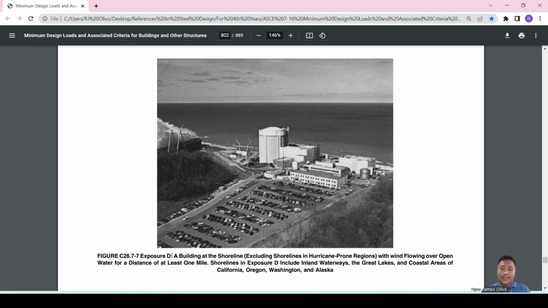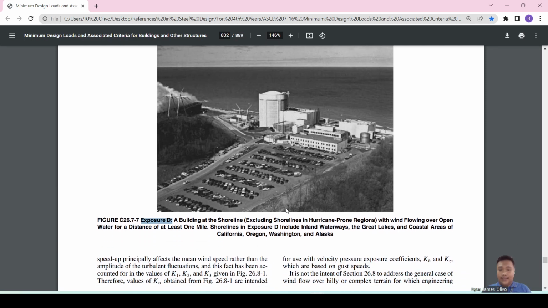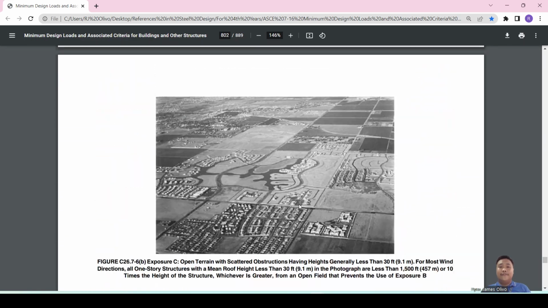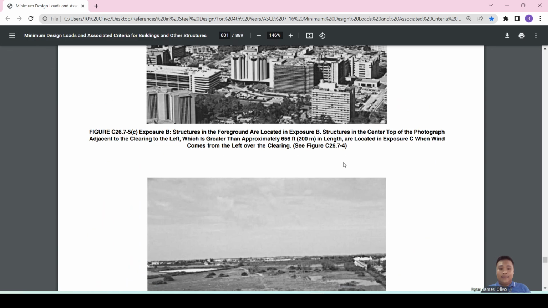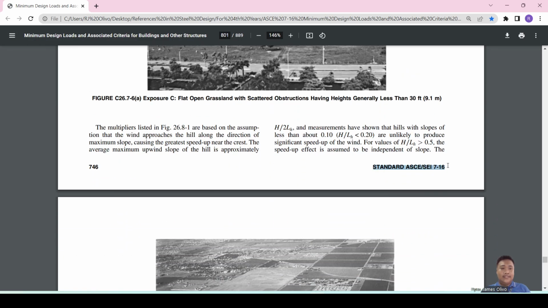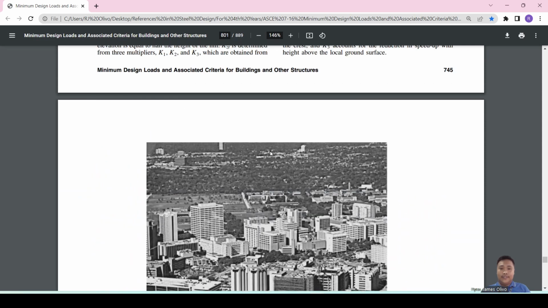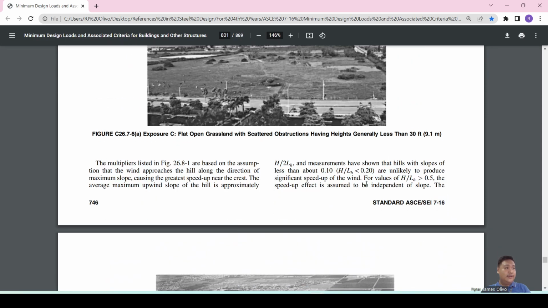This is exposure D. This is very easy, and I think that's it. You can find this in the ASCE 7-16 standards manual. These are the examples of exposure categories. Thank you.